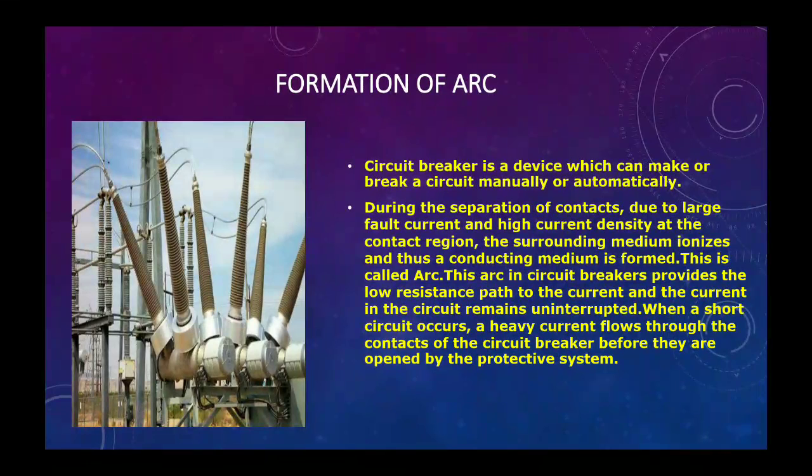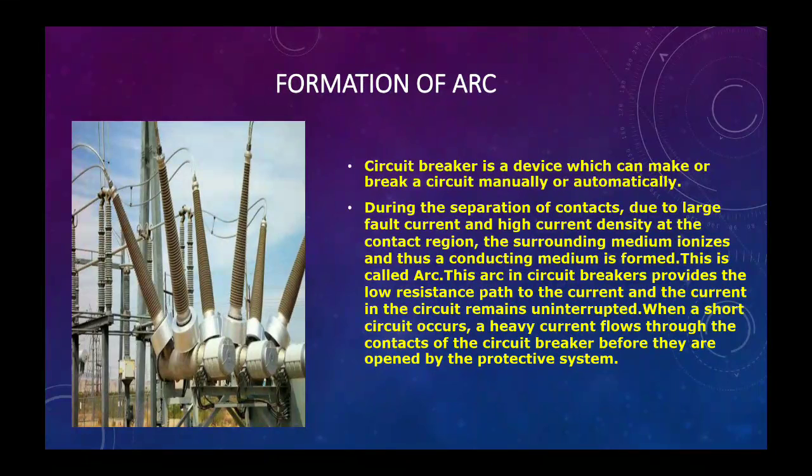During the separation of the contacts of a circuit breaker, that means during the separation of the fixed contact and the moving contact, due to large fault current and high current density at the contact region, the surrounding medium is ionized. That means when the fixed contact is separating from the moving contact, due to the high current, there is high electrical stress at the contact point or in the air gap between the two contacts.